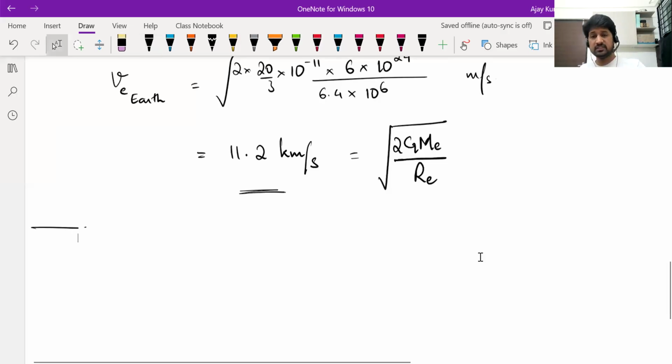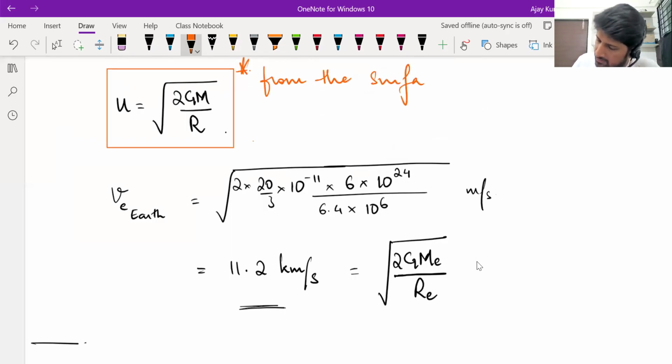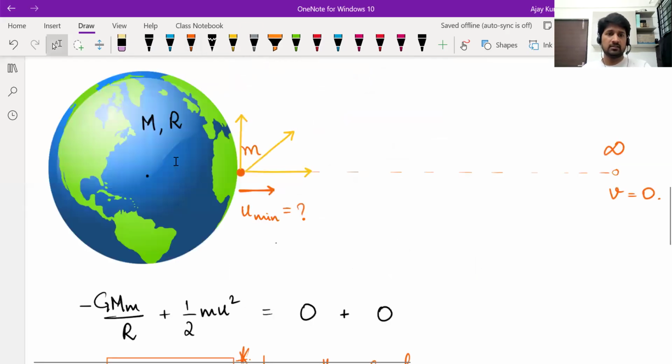Let's solve some more problems. This formula under root 2GM by R is when you project the object from the surface of the planet. You can be asked to calculate escape velocity from some other points also. Let's try some problems like that.